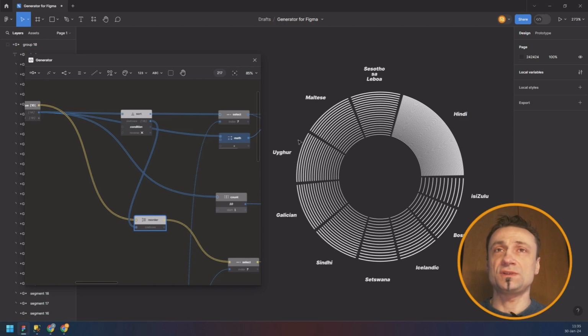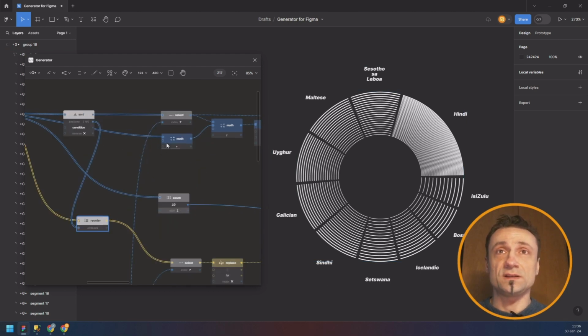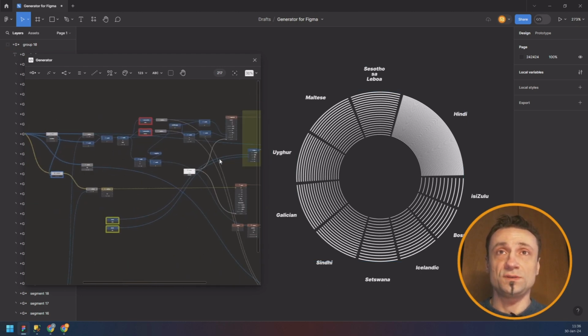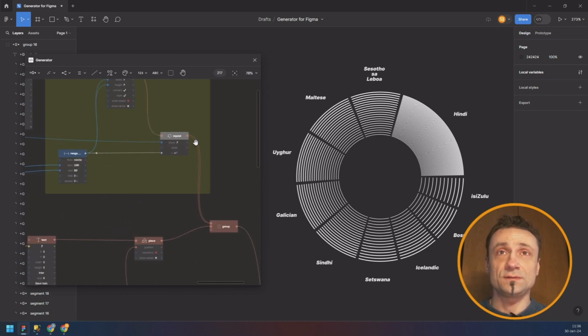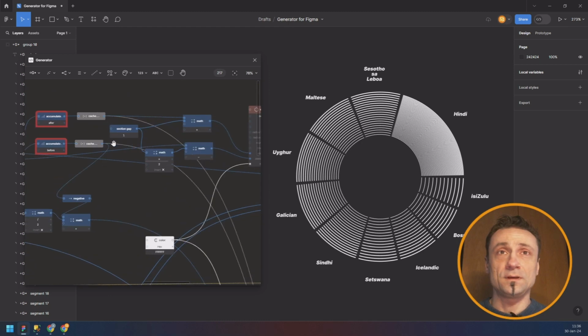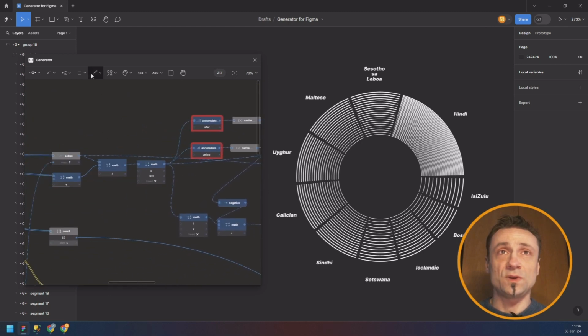So the next thing to do is to work with the thicknesses or the widths of these segments. But before I do that, I would like to reduce their counts because when there are fewer, it's easier to see the effects. The way I will do that is, this is where I apply the count. And so I'm going to insert a math node right here.